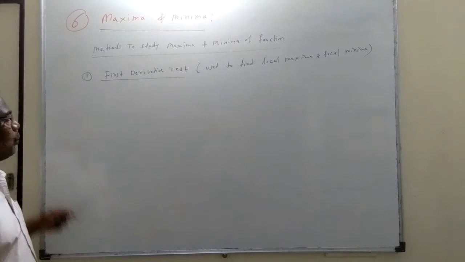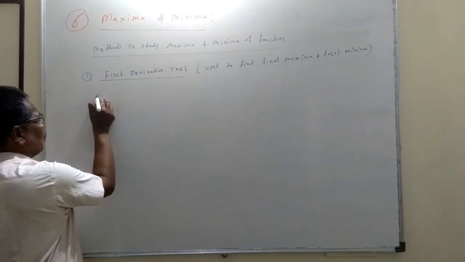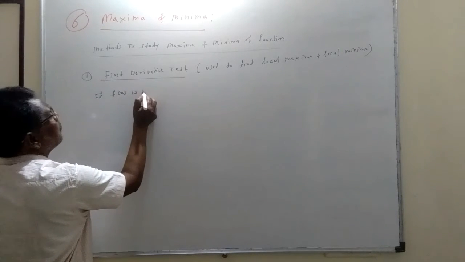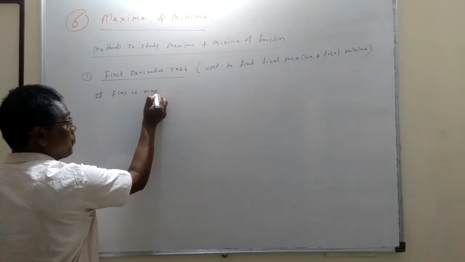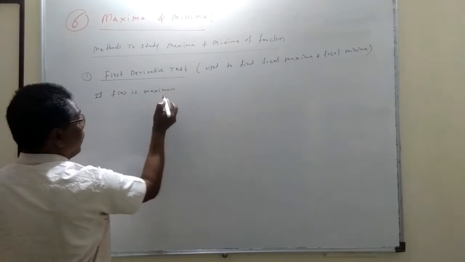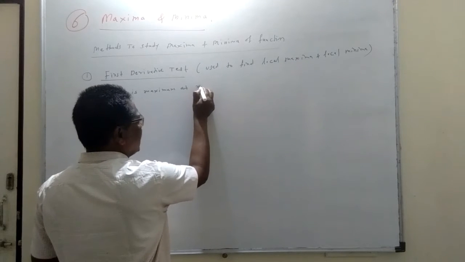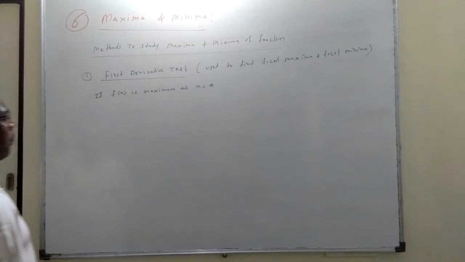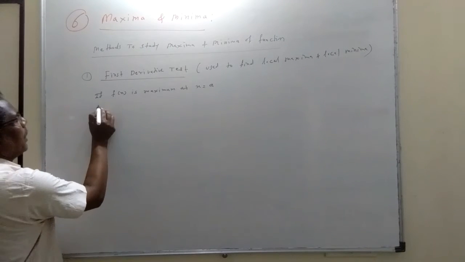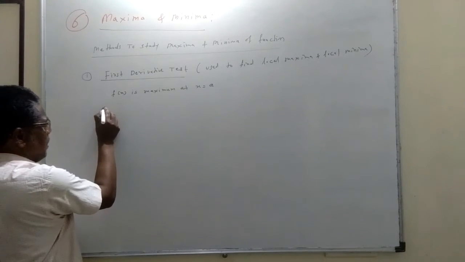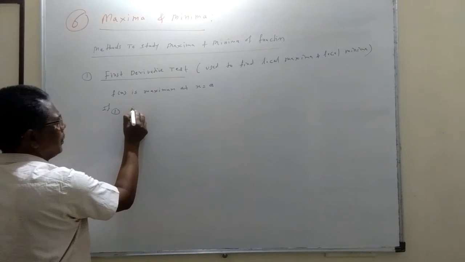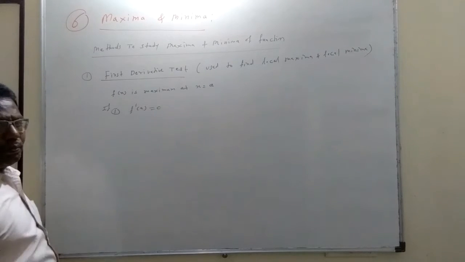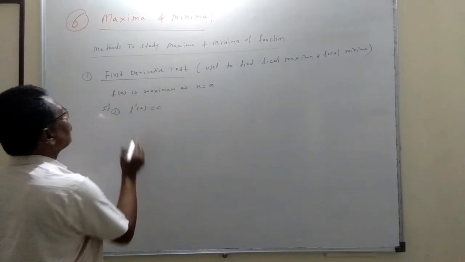So what is this first derivative test? If f of x is maximum at x equal to, suppose, a (you can consider a, c, any point), then f of x is maximum at x equal to a if: first condition, f dash a equal to 0, and the tangent is parallel to the x-axis.